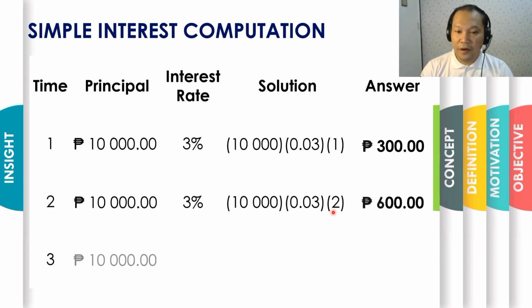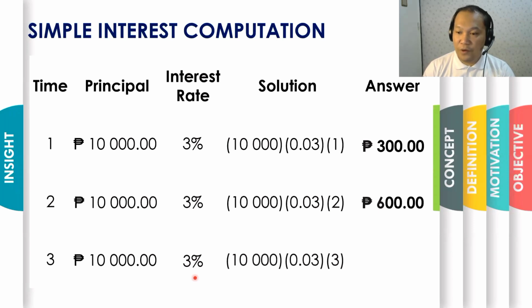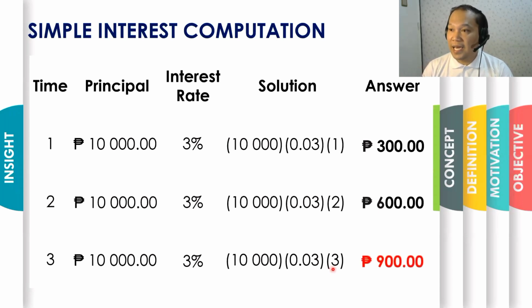And then for year 3, same principal amount, 10,000. Then the interest rate is 3%. And if you want to go directly in getting how much will be the total simple interest earned by Peter after 3 years, then you can have 10,000 times 0.03 times 3. And that will be 900 pesos.